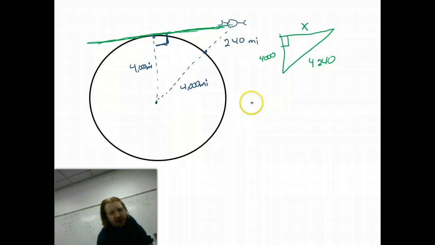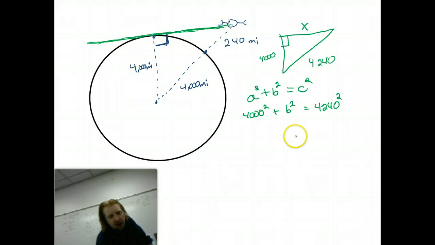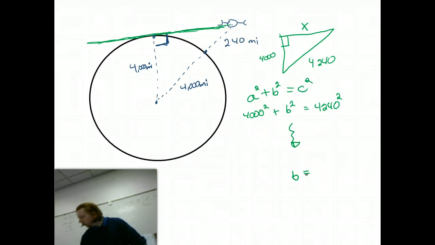That's the hardest part of the Pythagorean theorem, remembering when you're using two legs to find the hypotenuse, or when you've got one of the legs and the hypotenuse, and you want the other leg. So now I'm doing 4,000 squared plus b squared equals 4,240 squared. Algebra ensues, and you end up at b is equal to 1,406 miles.